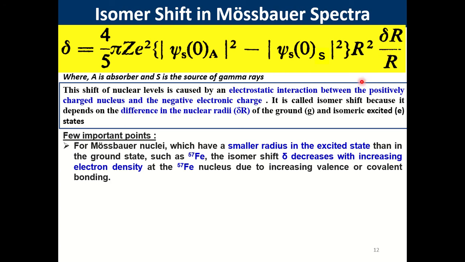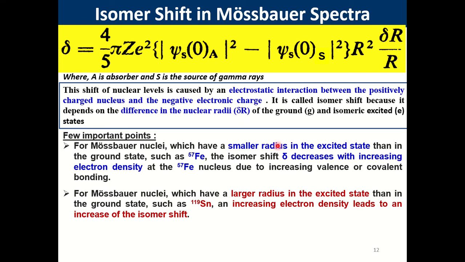Positive into negative gives you a negative value overall. So the isomer shift will decrease with increasing electron density in such cases, and vice versa is also true. If the electron density decreases at the nucleus in the absorbing species, that will lead to a positive isomer shift, that is an increase in the isomer shift.